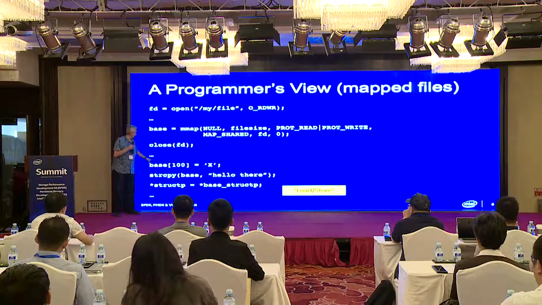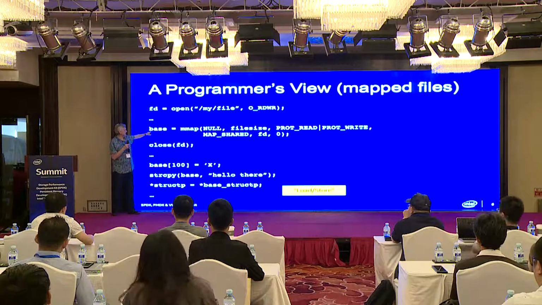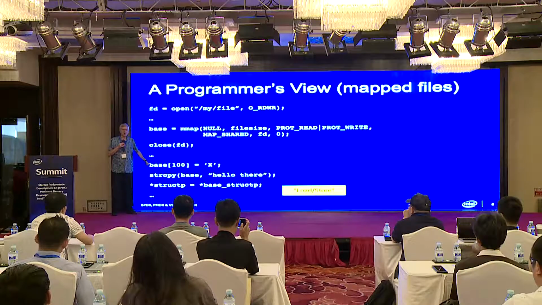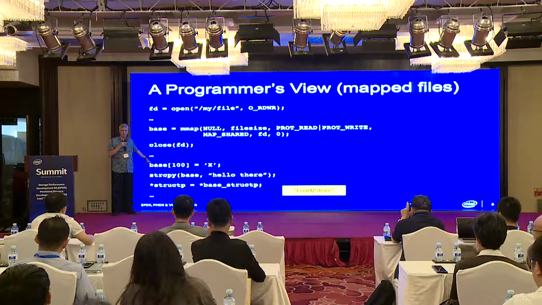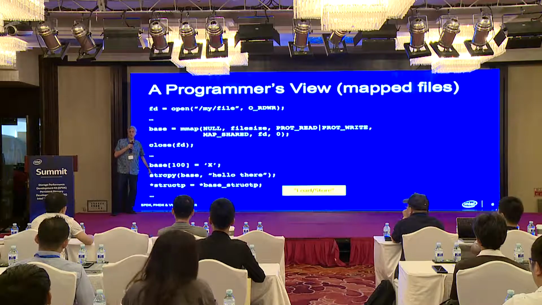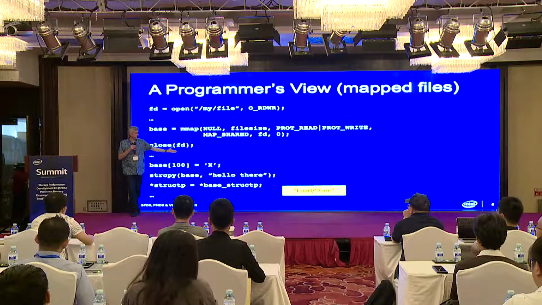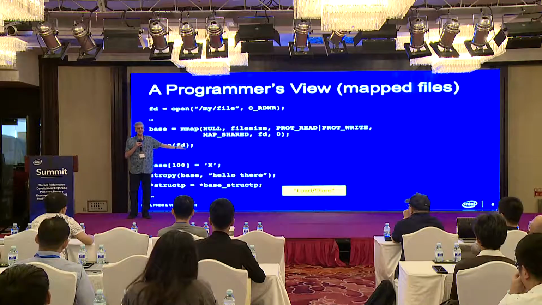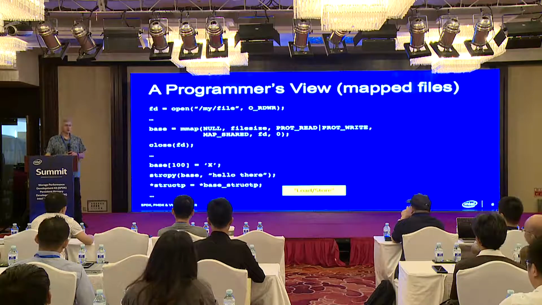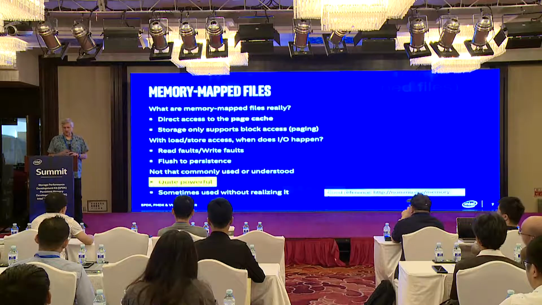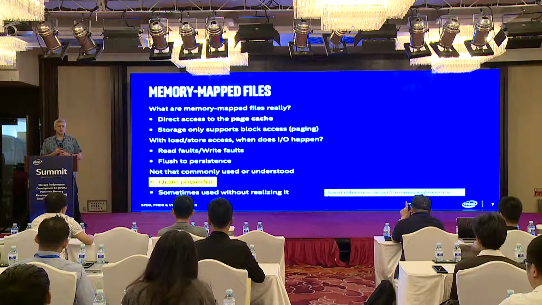So you can see here, after I get something back from mmap, here I am in my program just accessing it with loads and stores, just pretending it's an array or a pointer. Here I'm doing a strcpy to it. So this is the load/store path. I'm talking about this because for persistent memory, these memory-mapped files are going to turn out to be really important.